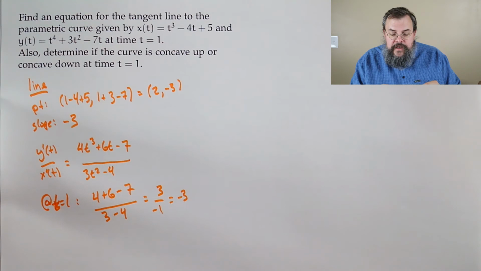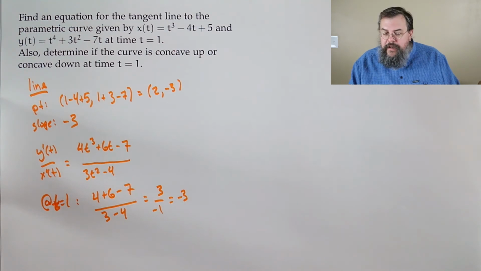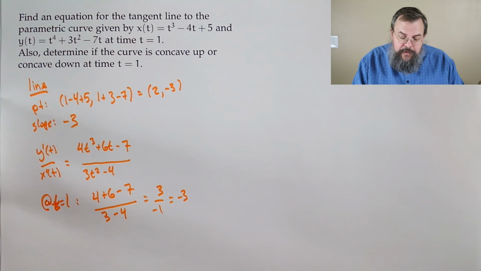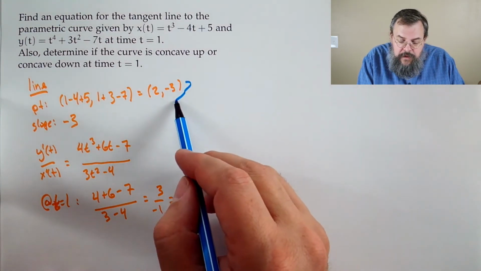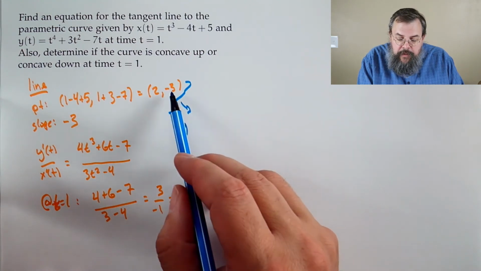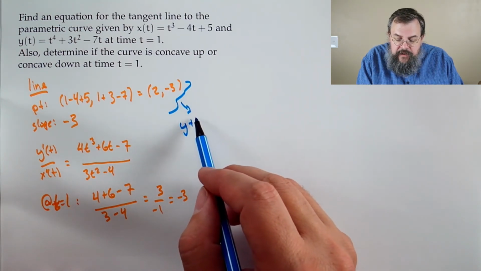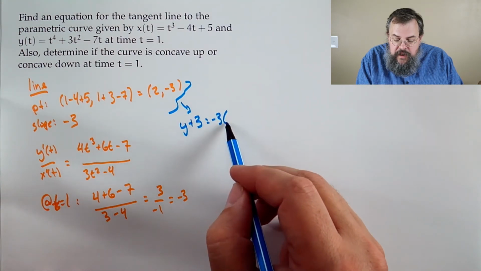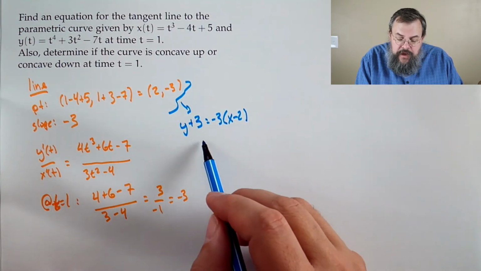Well, what's next? The next thing for us to do is put it together, and we'll have our answer to the first part. Given our point and our slope, our line is y minus our y value, so minus minus makes a plus 3, is equal to our slope, negative 3, times x minus 2, which we can clean up.